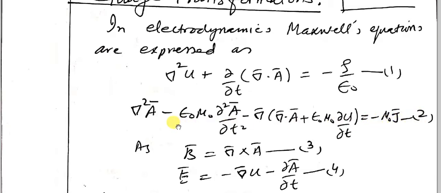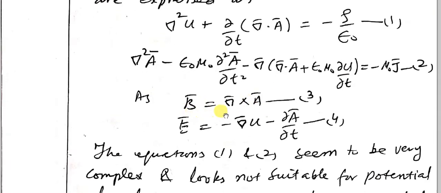Of course, we take epsilon mu naught, a free space, as the medium. B is equal to curl of A, call this equation number 3, and E is formulated as minus gradient of U minus delta A by delta T. This is equation number 4.